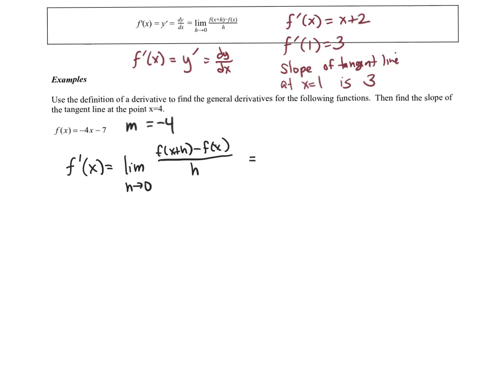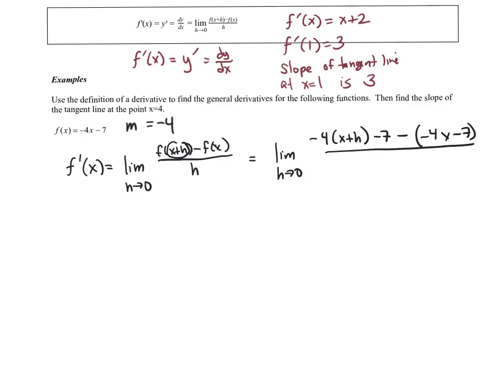So now I'm just going to plug these things in. I'm going to plug x plus h into the function. So everywhere I see x, I'm going to put x plus h. So -4 times (x plus h) minus 7. So that's the first part, minus the whole other function. So I'm going to put it in parentheses, -4x minus 7, all over h.